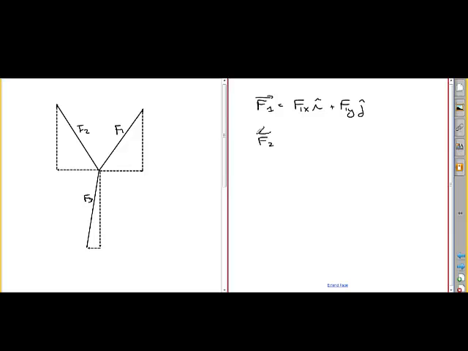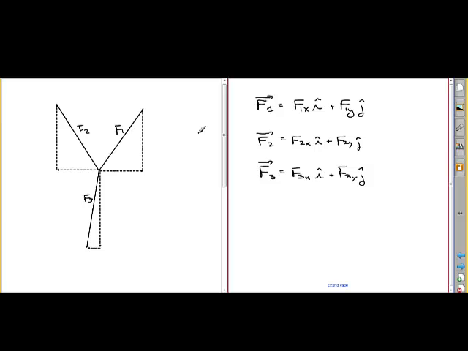And then you'd have the F2 vector is equal to F2 sub x i plus F2 sub y j, and the third force, F3, would be F3 sub x i plus F3 sub y j.